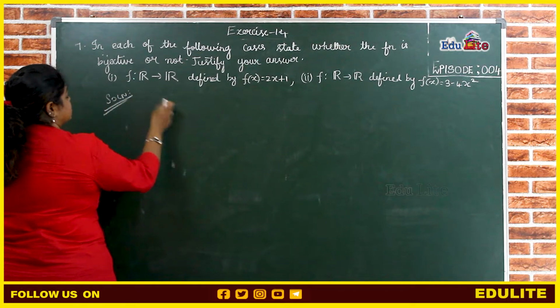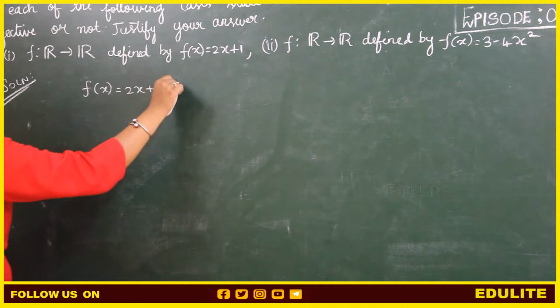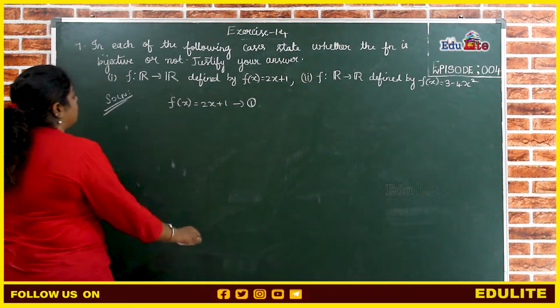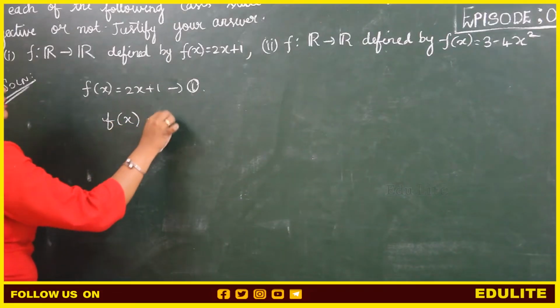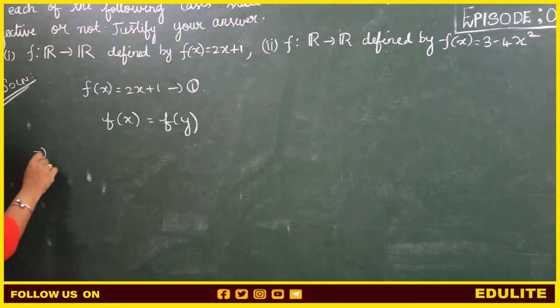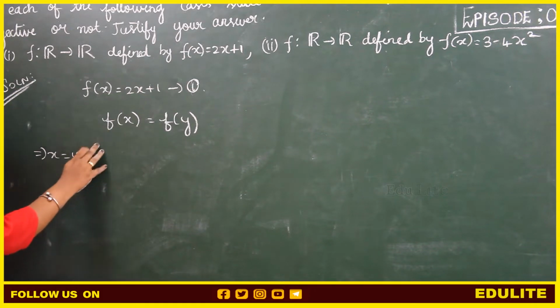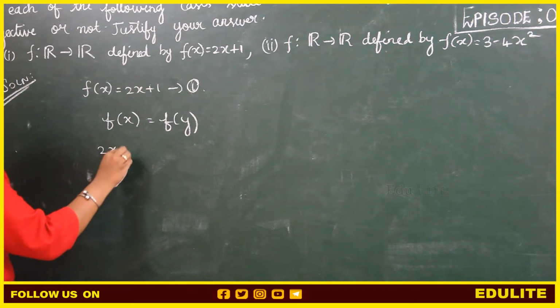So, I am considering the first subdivision, f of x is equal to 2x plus 1. I am considering it as equation 1. As I already told you, to prove it is 1 to 1, we can consider f of x equals f of y. From this, if we can show that it implies x equals y, then we can say that f is a 1 to 1 function. So, f of x means 2x plus 1.